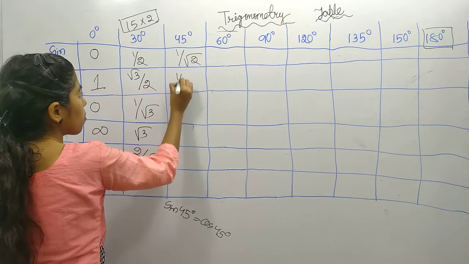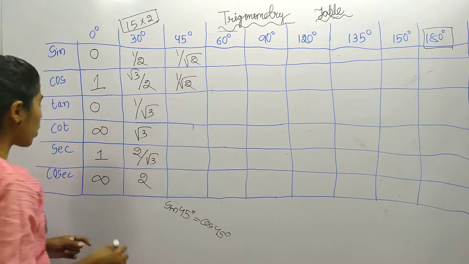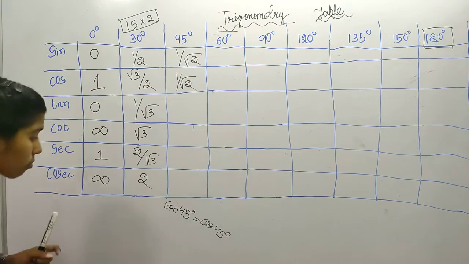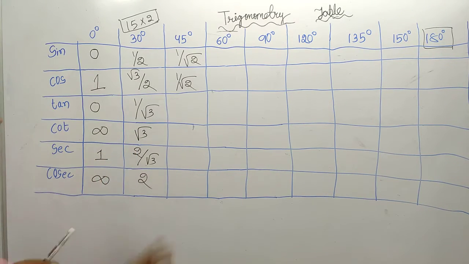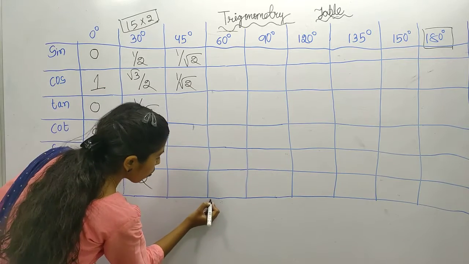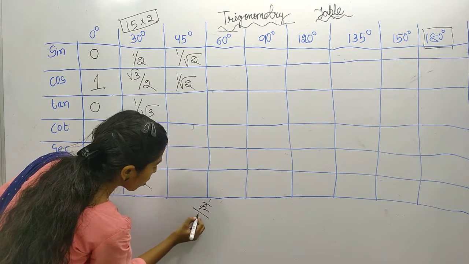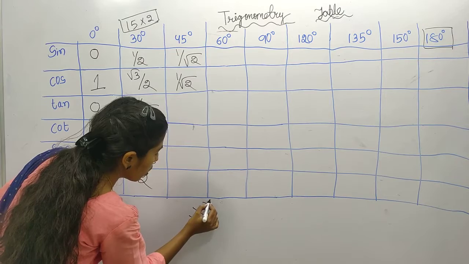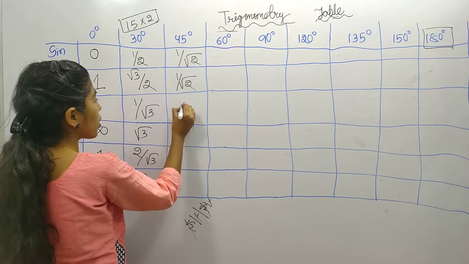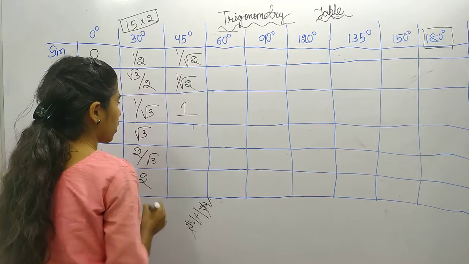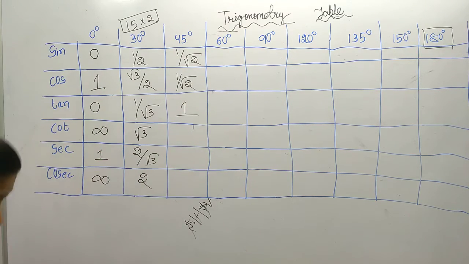It is 1 by root 2. Okay. Next. Tan means what? Sin by cos. Sin is 1 by root 2 divided by cos is also 1 by root 2. So, 1 will cancel and root 2 will cancel. So, tan 45 degree will be 1.